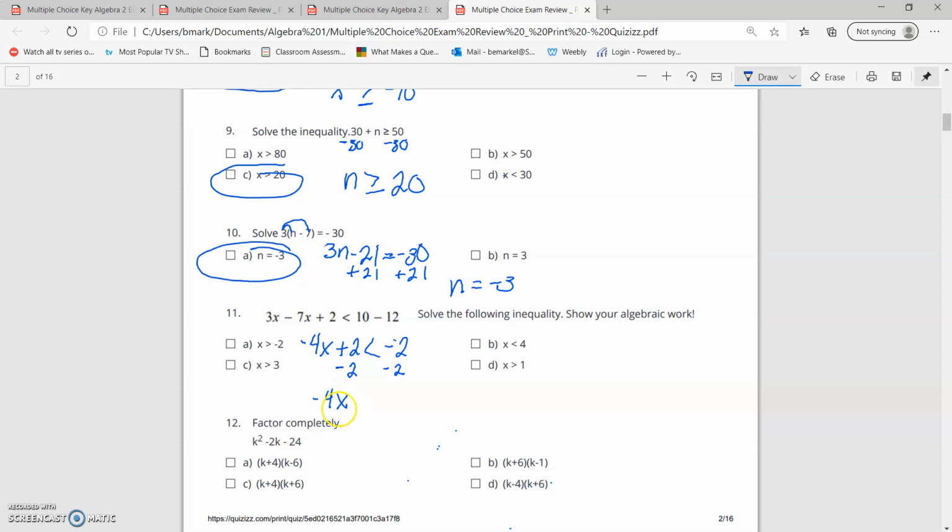Negative 4x is less than negative 4. Negative 4 is getting multiplied by x, so I divide by a negative 4. Negative 4 divided by negative 4 is 1. Remember, if I divide or multiply by a negative, I have to flip my inequality. So x is greater than 1. That's D.